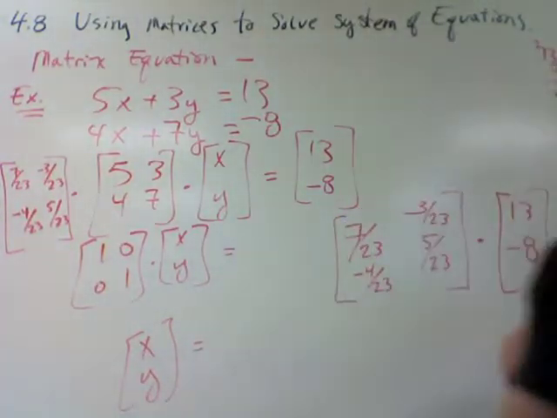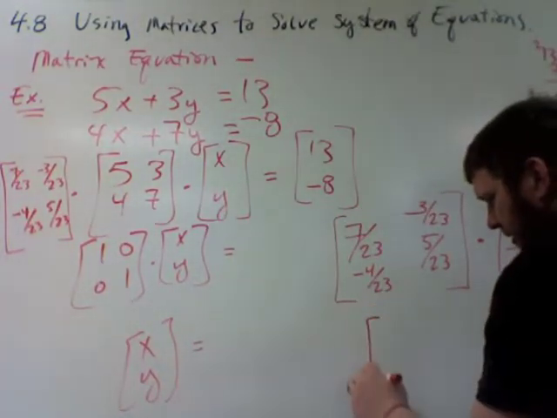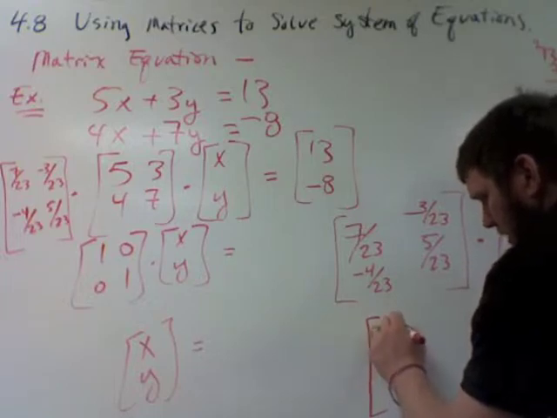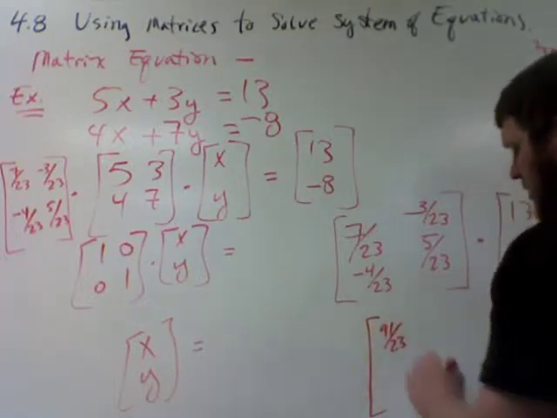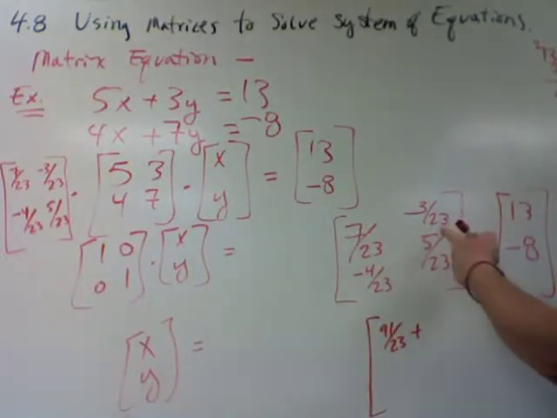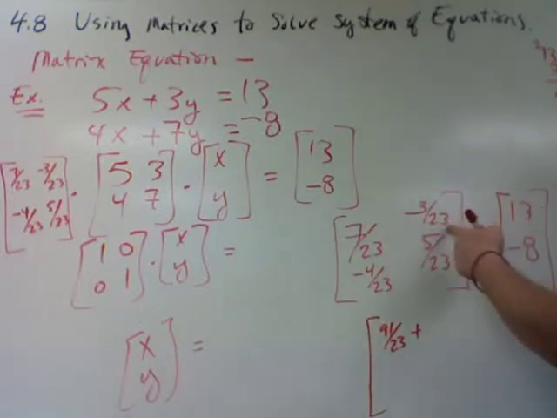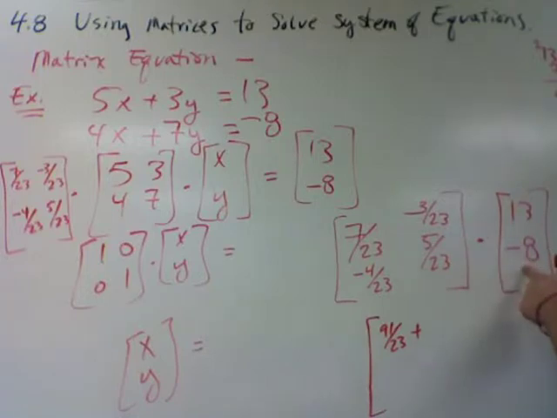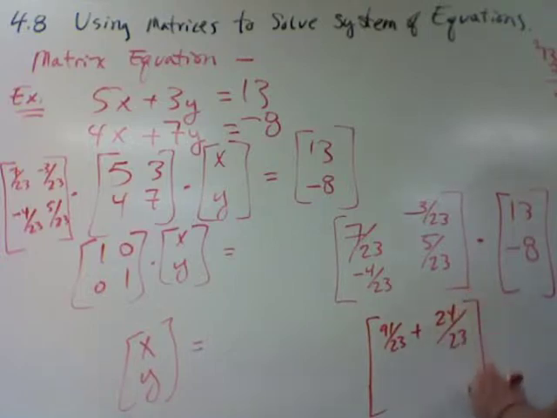Okay, so let's go down here. 91/23 plus row times column. I took that one already times that one. I got -3/23 times 8, which is going to be a positive 24/23. Okay, so I have to add those two together.